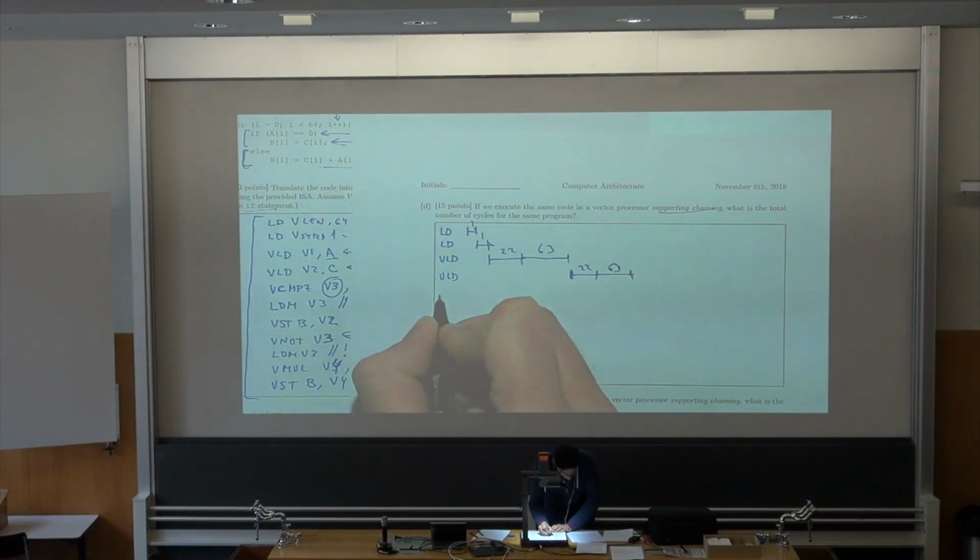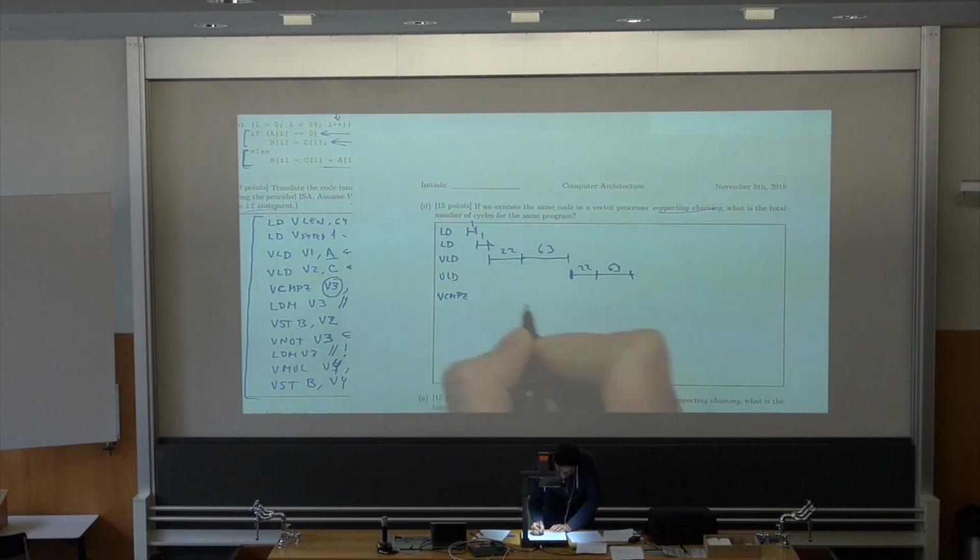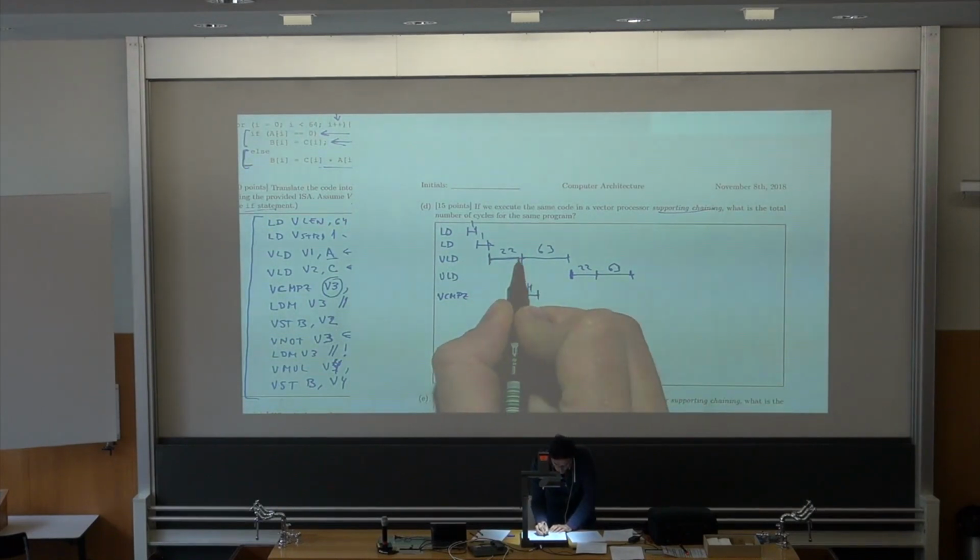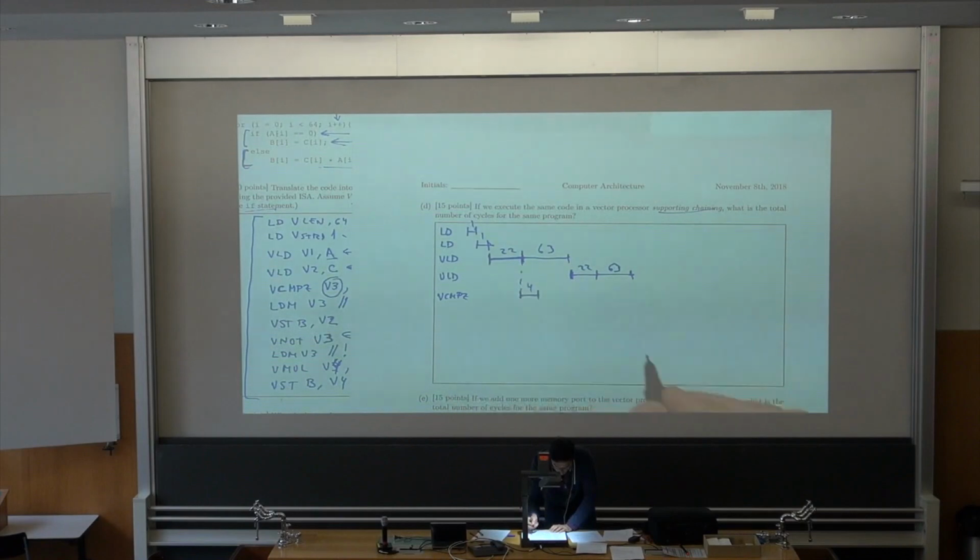But the interesting thing here is that because we support vector chaining, this compare instruction can start right after the first result is read from memory. So it will take 4 plus 63, and right after that we have the LDM instruction. This takes 1 more cycle, and next the vector store.